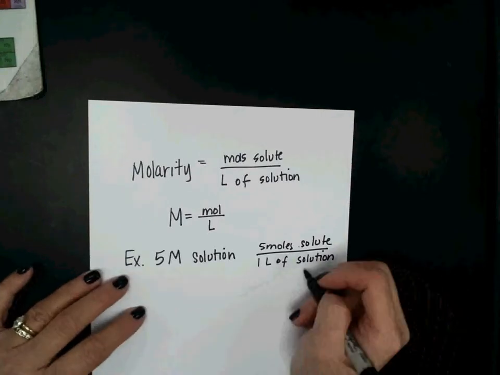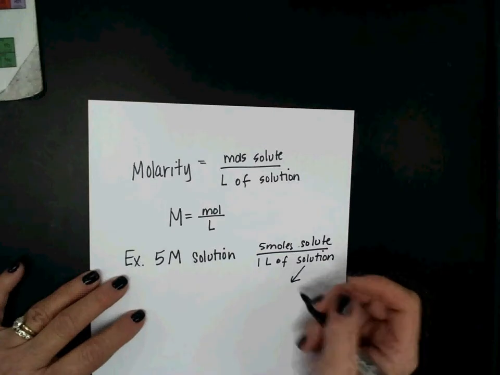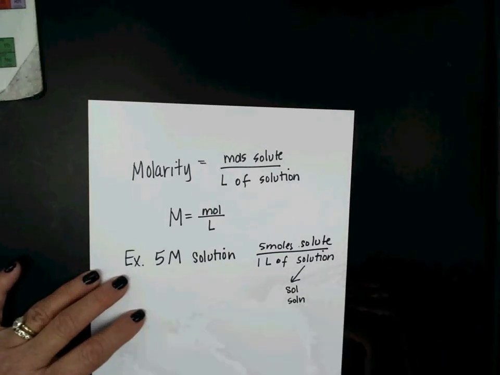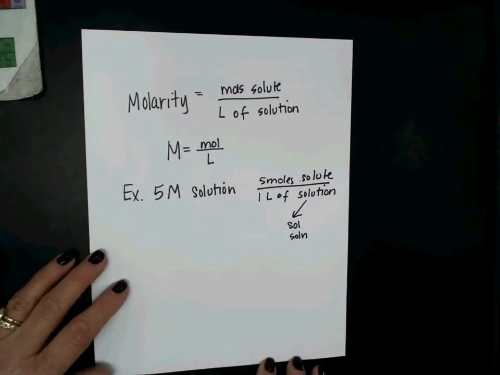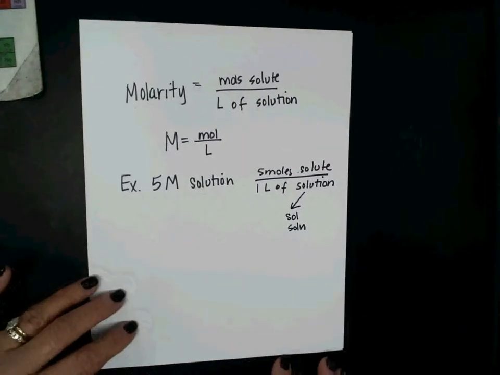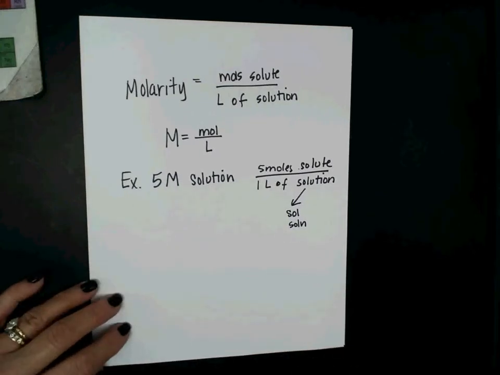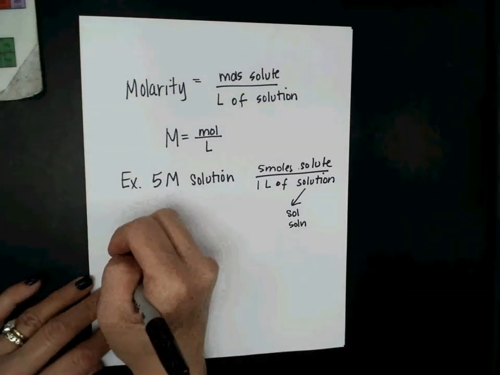From now on, when you see this word solution, because you'll start seeing it a lot more, a lot of times it'll be SOL or SOLN for solution. So we can work some really easy problems with this stuff, and then they become more and more difficult as we go. So let's get an example of a simple one in your notes.